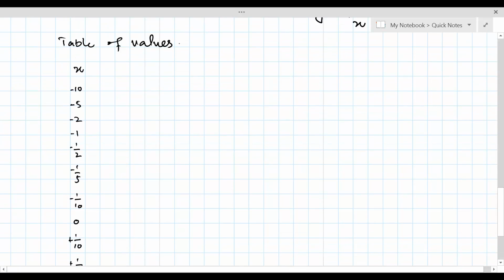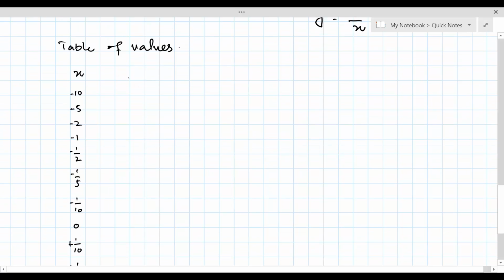If these are the values for x, then what would be the values for the function y is equal to x? Obviously, whatever is the value of x, that will be the value for y.